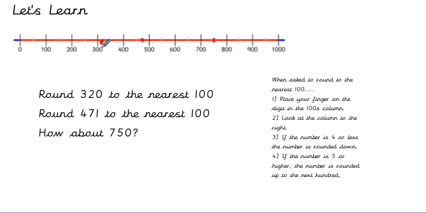So 320 is 300 to the nearest 100. 471 is 500 to the nearest 100, and 750, it's right in the middle, but because there's a 5 in the tens column, it's going to round up to 800.